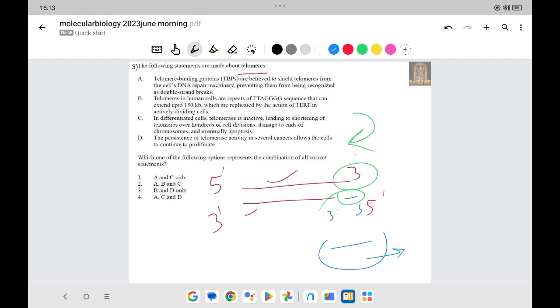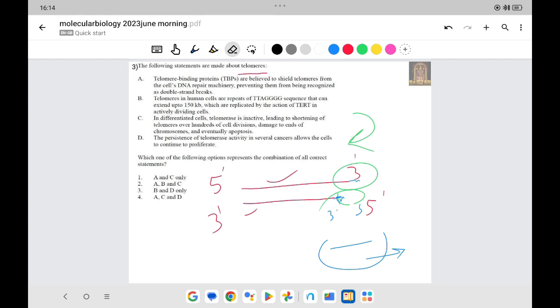So it can extend this way to fill that portion, and this portion will also be filled. Now you will see this primer is also made up of RNA. So after that successful RNA dependent DNA replication, this part will also be removed.